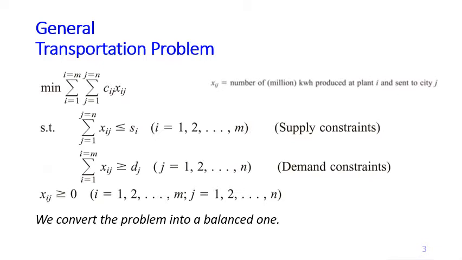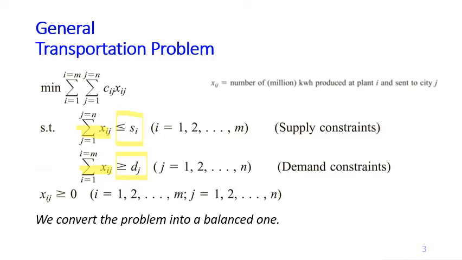But in general, sometimes we do not have a balanced transportation problem. In general, whatever we send from one supply point must be less than or equal to its production capacity or supply capacity, and whatever a demand point receives must be greater than or equal to the demand.